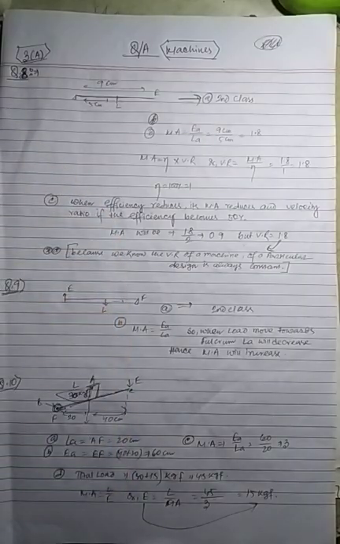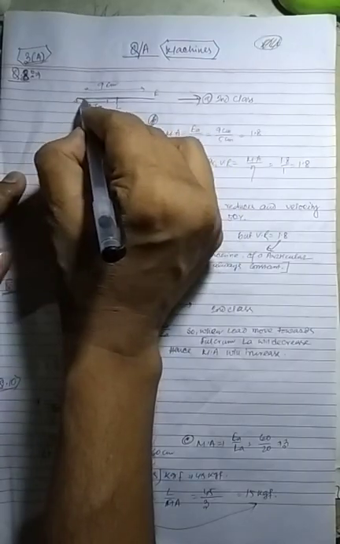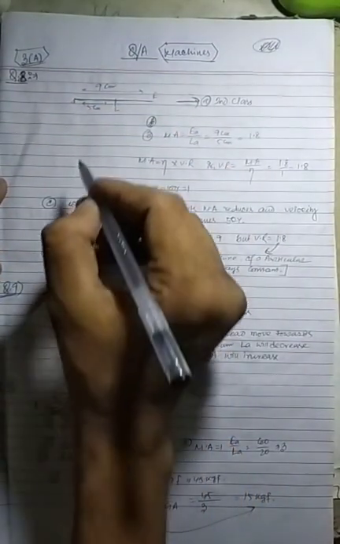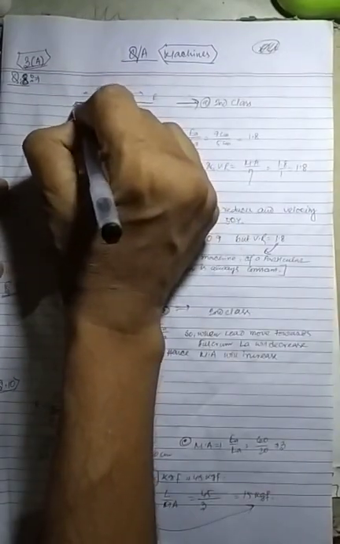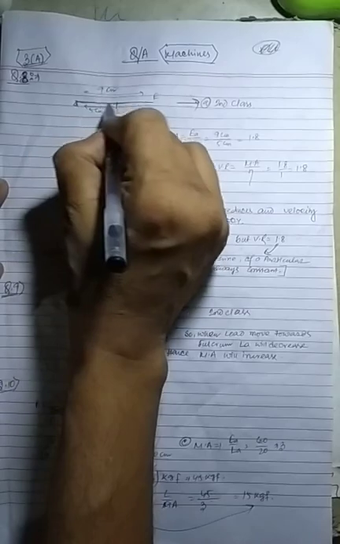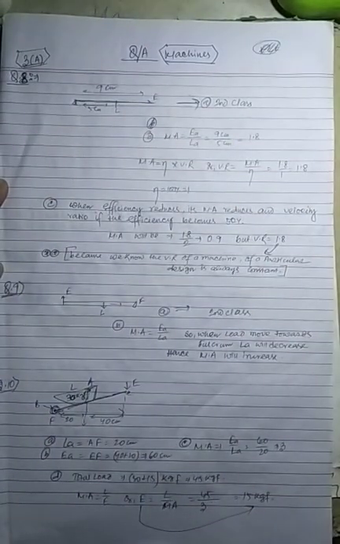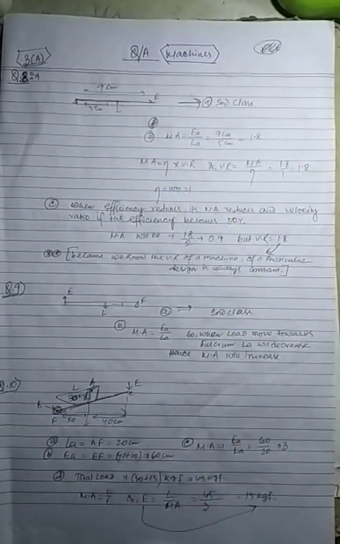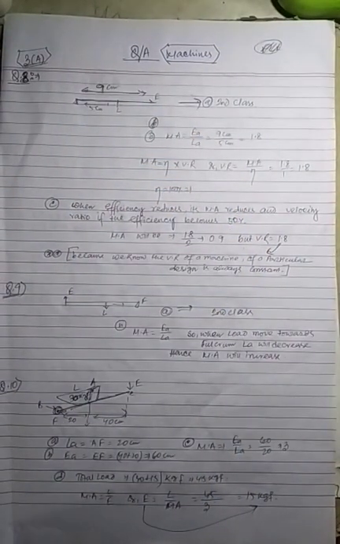There you can see a lever of 90 centimeter is given. So first you will draw the lever this way to solve the numerical. I have drawn the lever first. The effort arm is 9 centimeter, and the load arm is 5 centimeter.